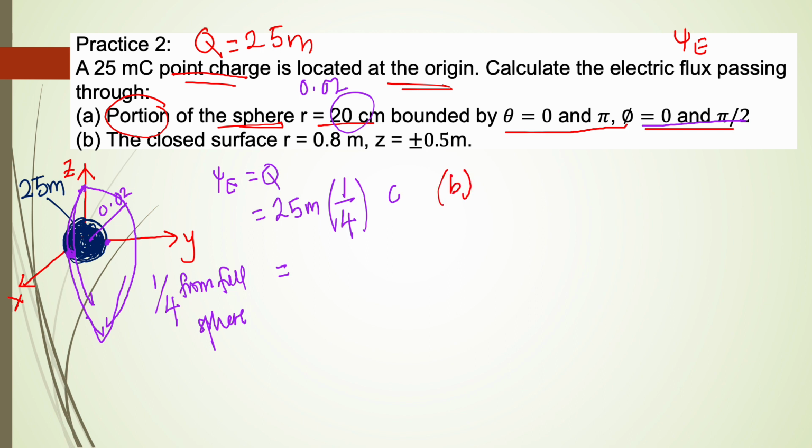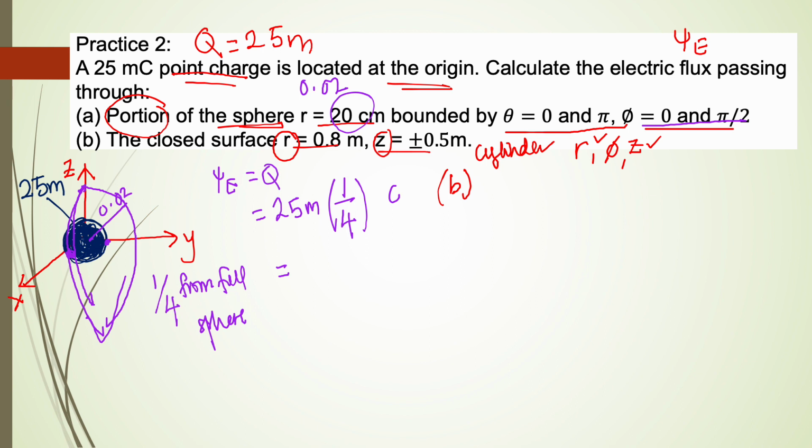Now let's try question B. For question B, the closed surface is R equals 0.8 meter and Z equals plus and minus 0.5 meter. We can see the variables given are R and Z, so what is the appropriate orthogonal coordinate system? It must be a cylinder, because in a cylinder the variables are R, phi and Z. We have information for R and Z, but not for phi, so we can guess that it is a full cylinder.